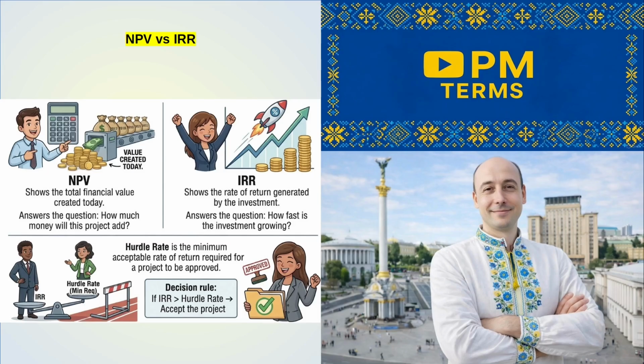It answers the question, how fast is the investment growing? Organizations usually compare IRR with a hurdle rate. Hurdle rate is the minimum acceptable rate of return required for a project to be approved. If IRR is greater than the hurdle rate, then accept the project.